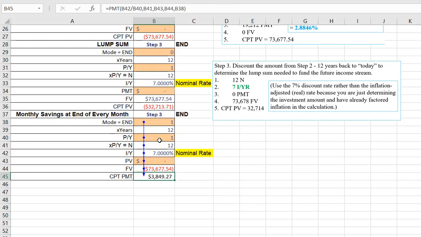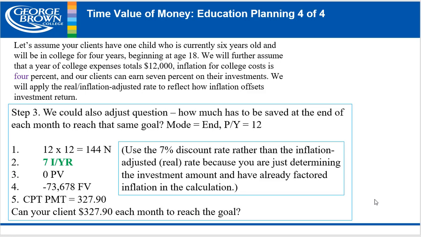But if it was on a monthly basis, change the PY to 12, I would have to save $326 a month towards the education fund, so that at the end of 144 months we would have the $73,678 available.